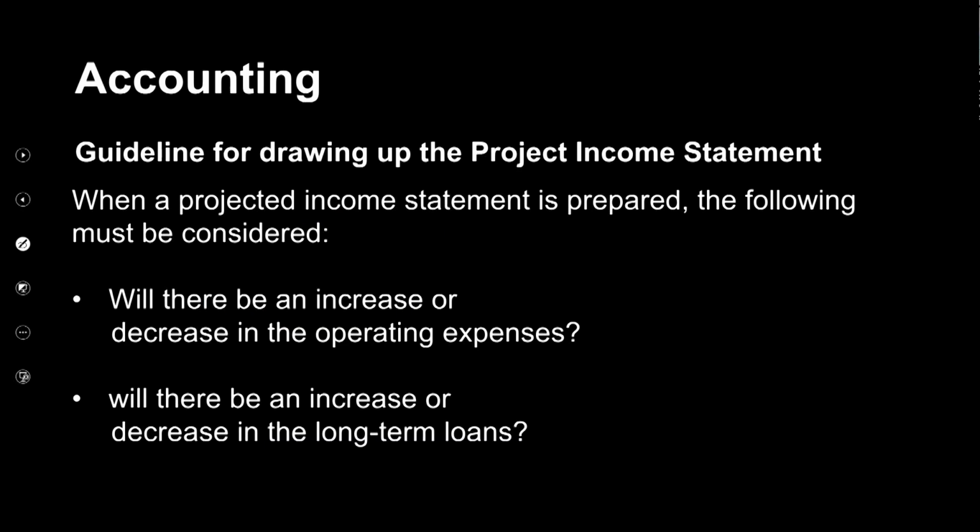The next thing that you look at is, again remember, these are all considerations that we make when we are preparing the projected income statement. One, will there be an increase or a decrease in your operating expenses? Right? Again, if you're looking at your operating expenses, there's a whole lot of operating expenses that will be impacted.